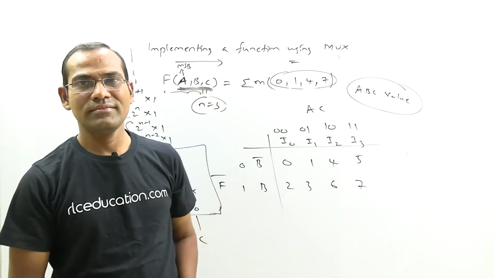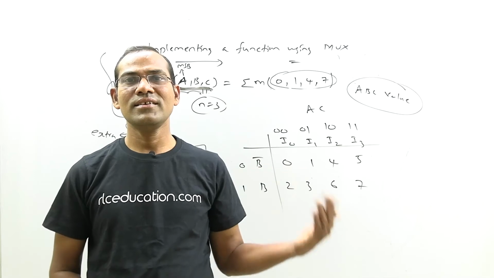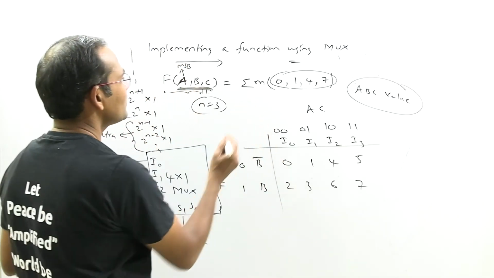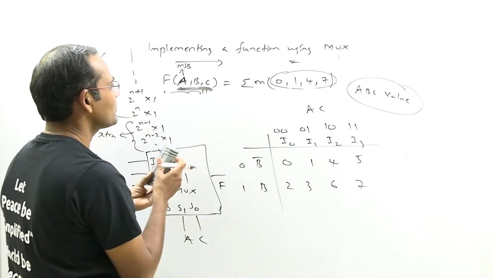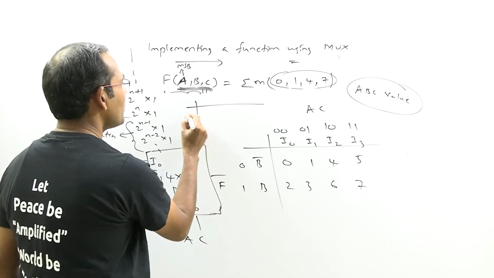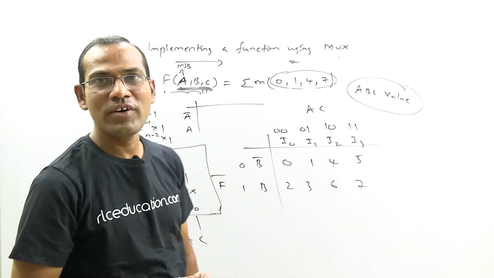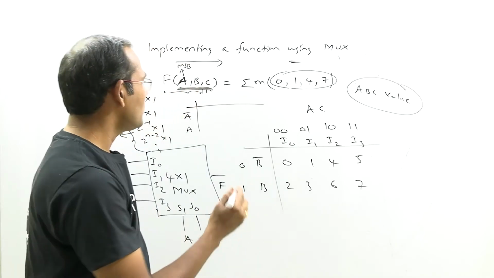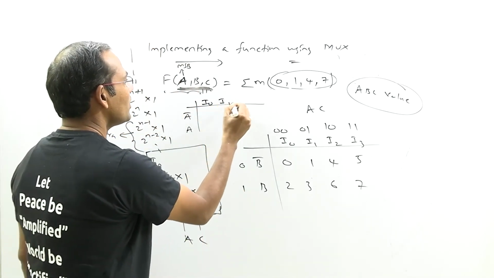The order will change. In the previous case, the order was different. Whenever A is used for the mux input, this is the order we got.